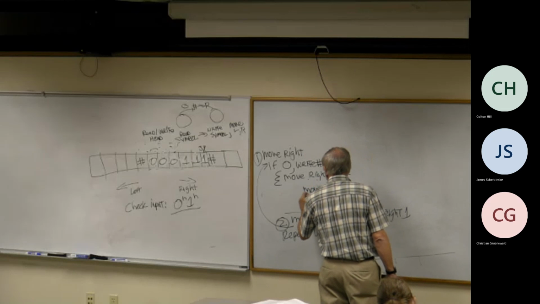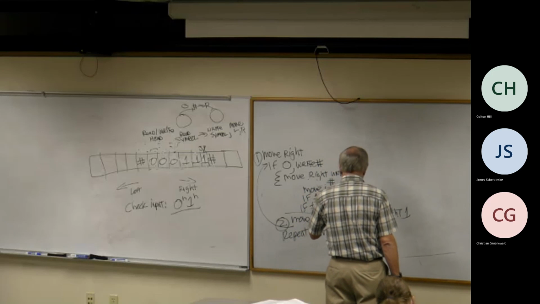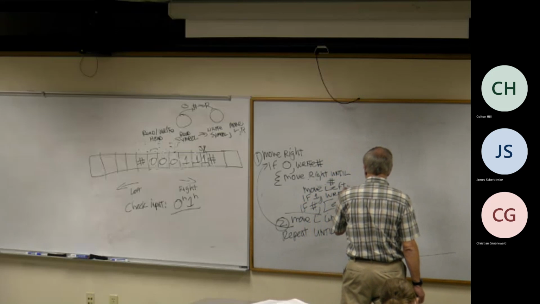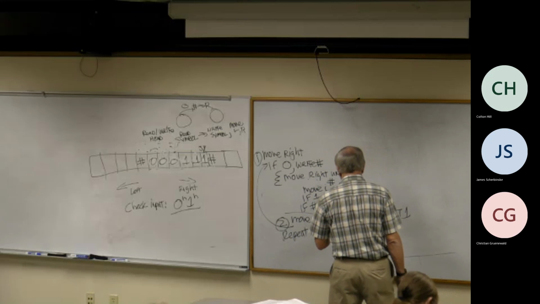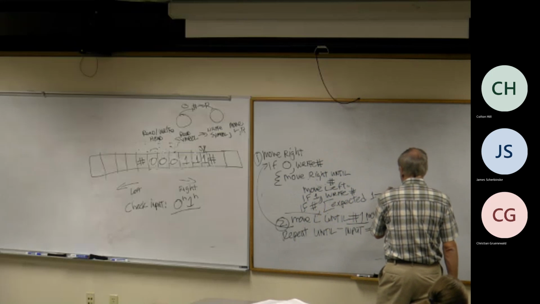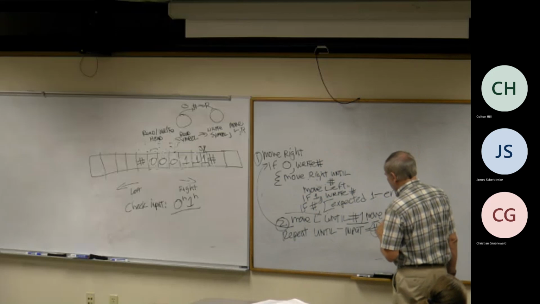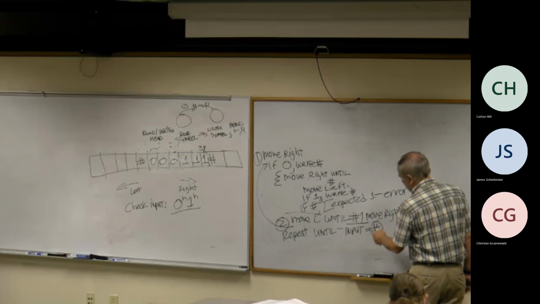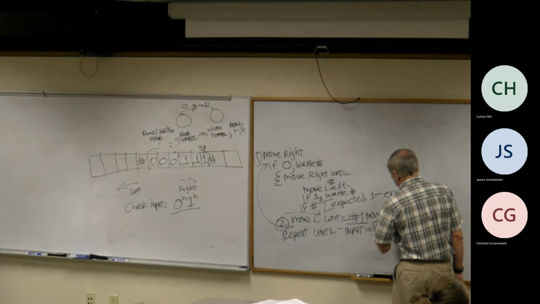And then if it's a 1, right? And then if it's already a pound, that's going to be the error. Now we can move left until pound sign, then move right 1.